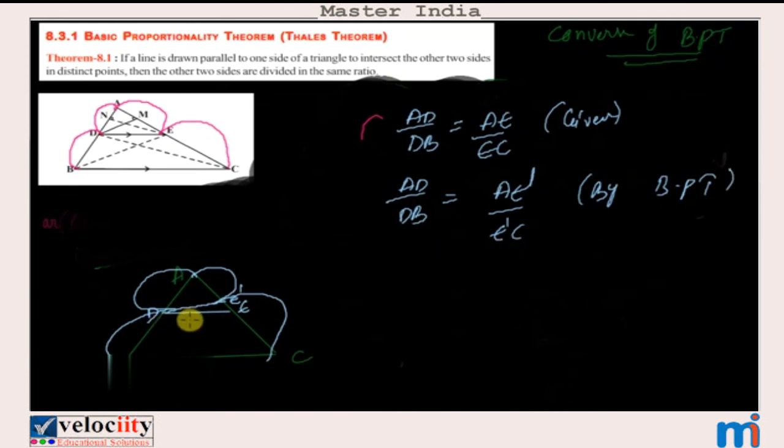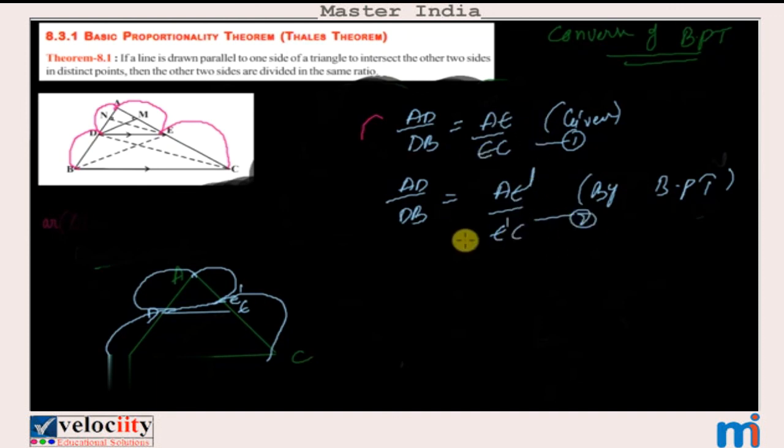So if we prove this by contradiction, we say that if DE is not parallel to BC, then there should be some other line DE dash which is parallel to BC. If DE dash is parallel to BC, then obviously the ratio of sides should be equal: AD by DB should be equal to AE dash by E dash C. If this is my first equation and this is my second equation, what do we observe from both?